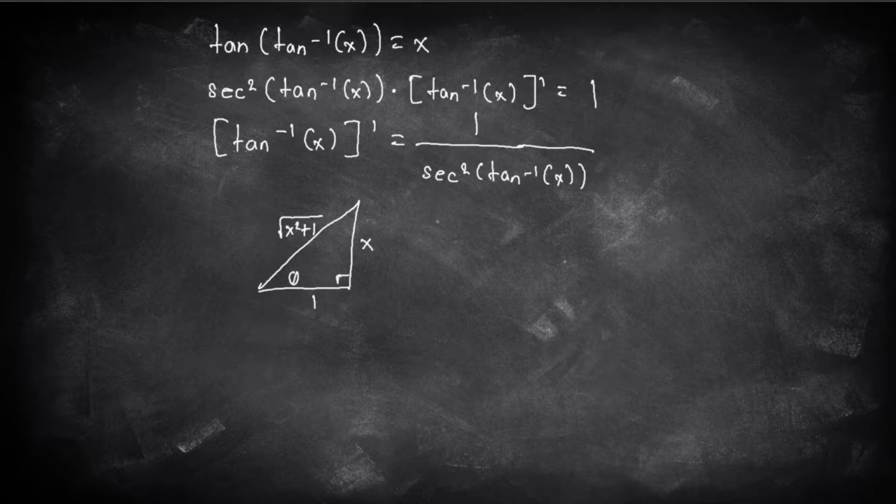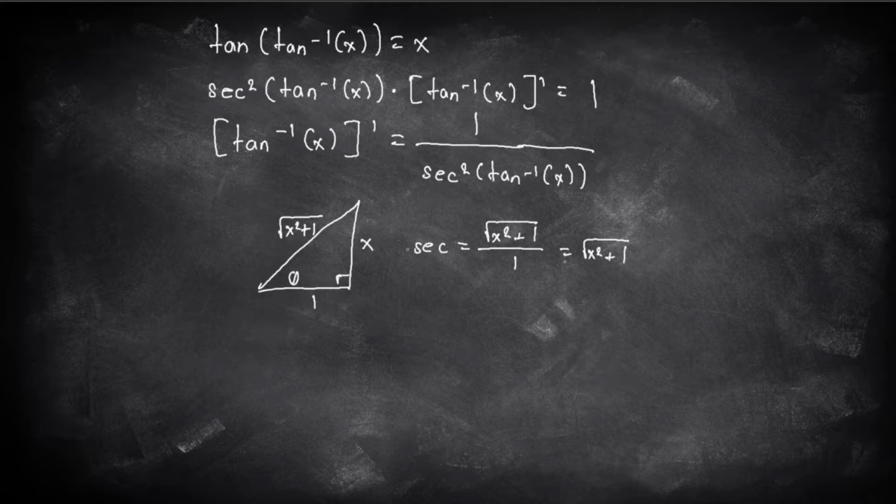Secant is hypotenuse divided by adjacent, so that's just going to simplify to square root of x squared plus 1.